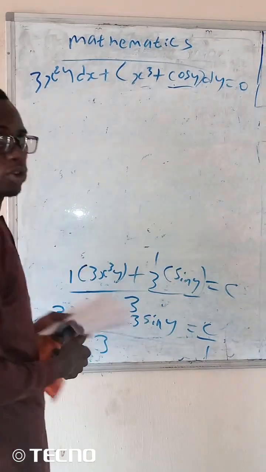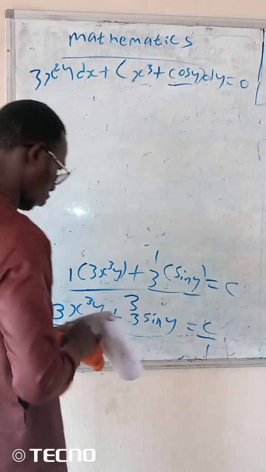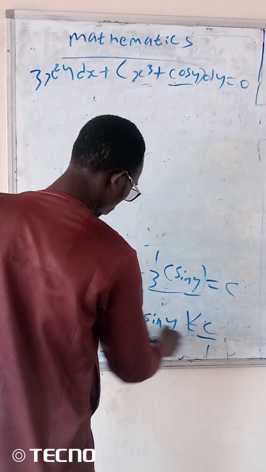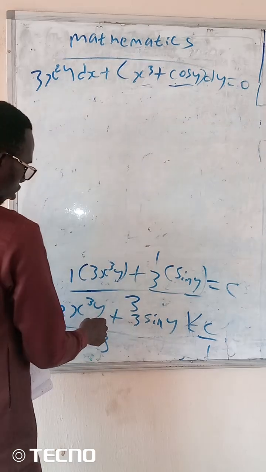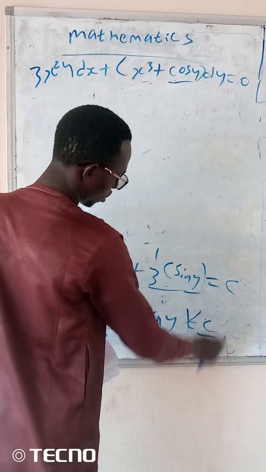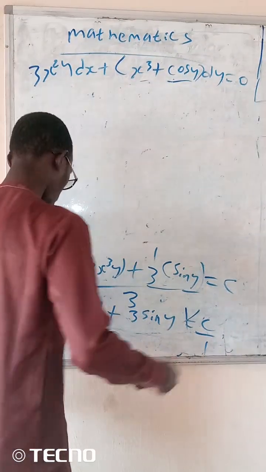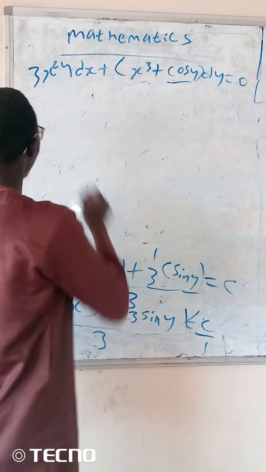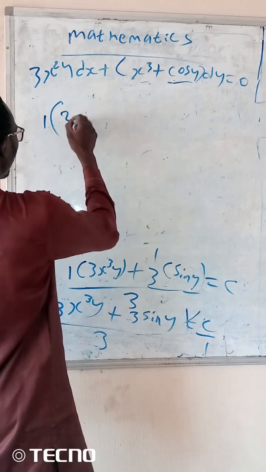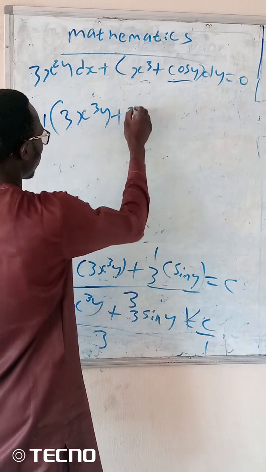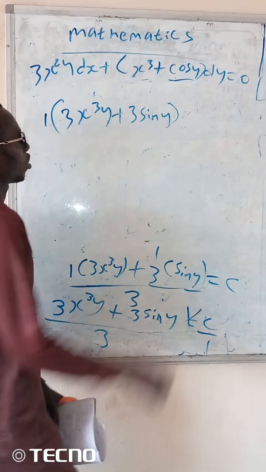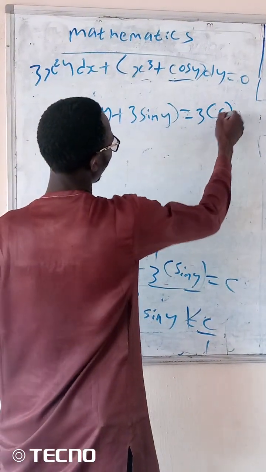Now, from here we're going to do cross multiplication. We have 1 multiplied by 3x²y plus 3 sin y, then 3 multiplied by the constant c.